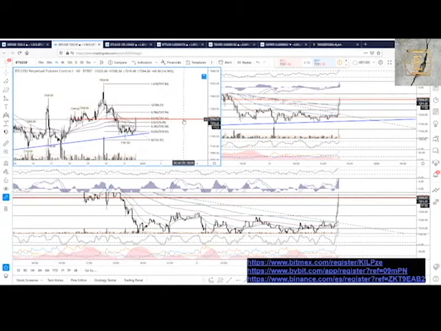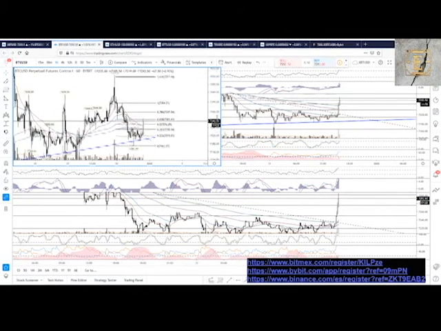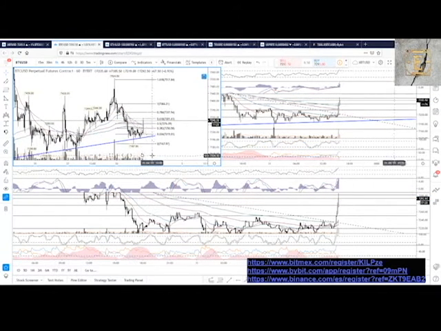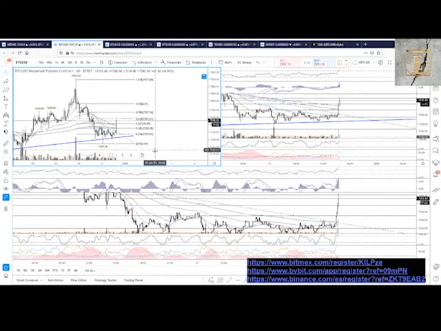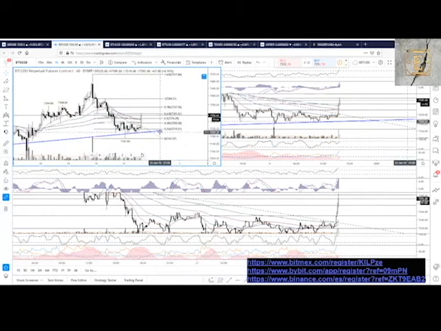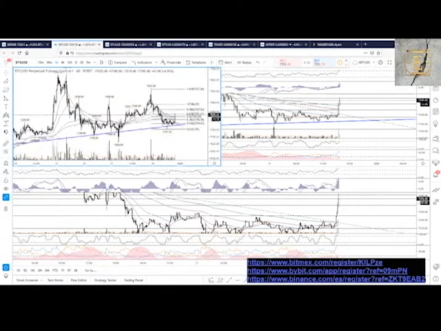Let's start finding where. I don't like how it looks now, this candle. It's pretty big with medium volume, but it's considerably big at this moment. So let's see.